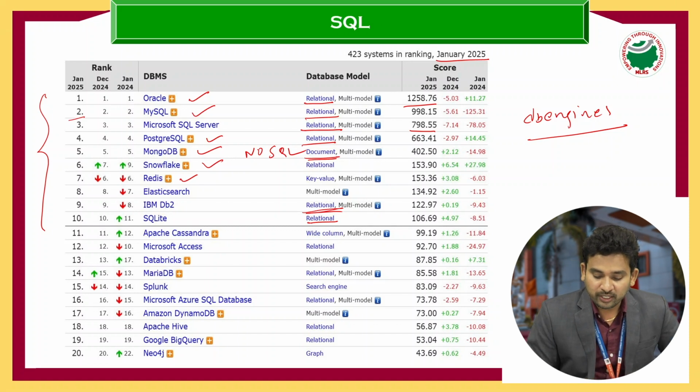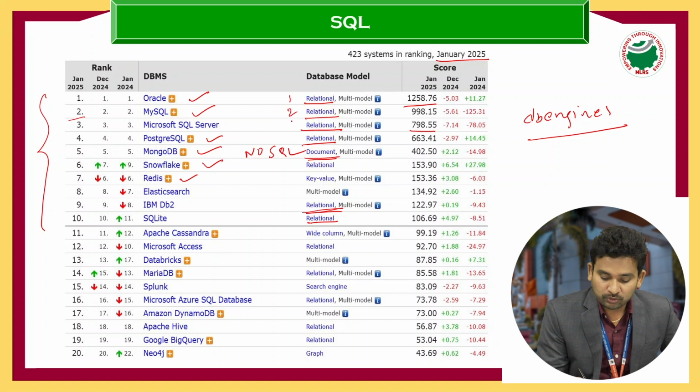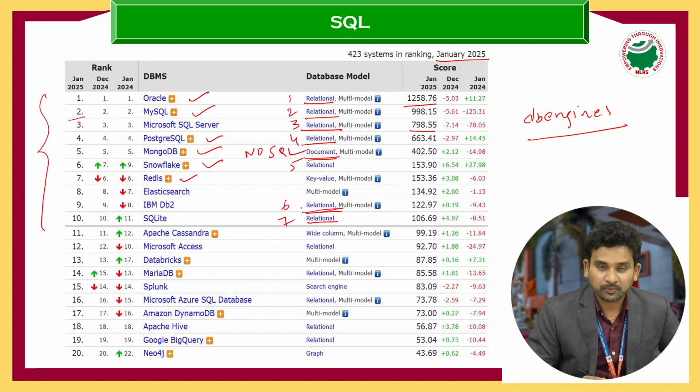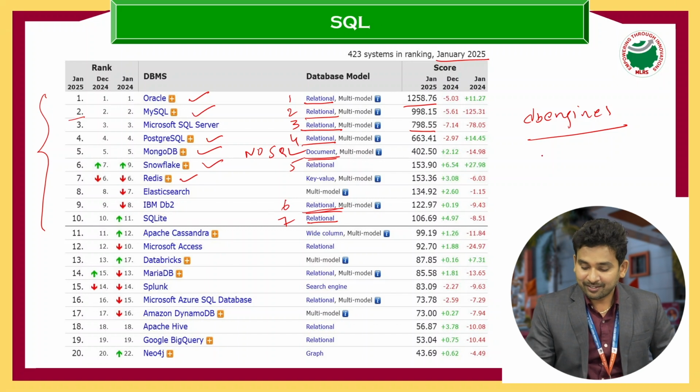Out of 10, if you count 1, 2, 3, 4, 5, 6, 7, 7 databases are SQL and only 3 databases are NoSQL.